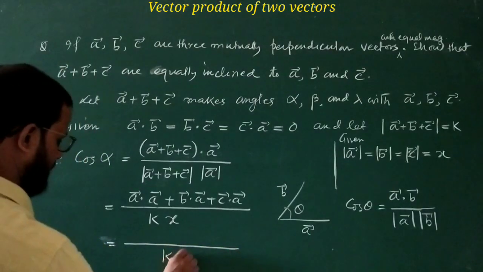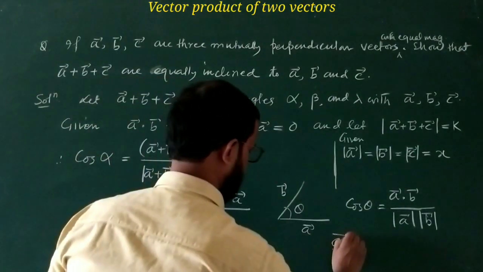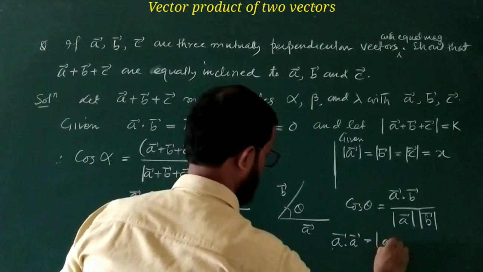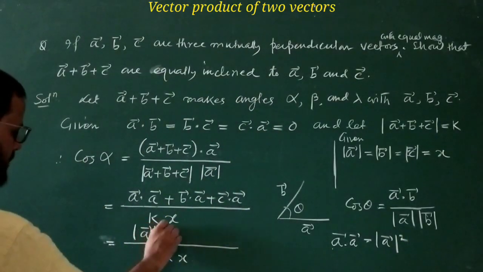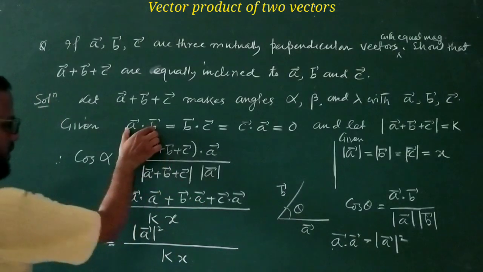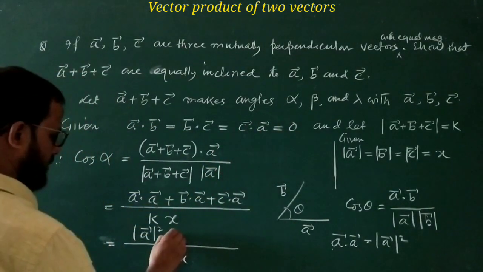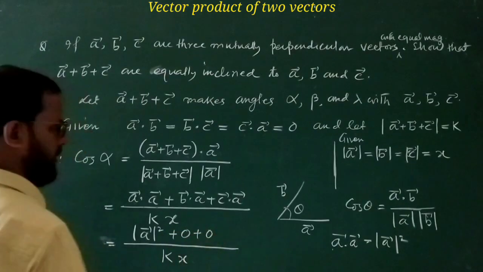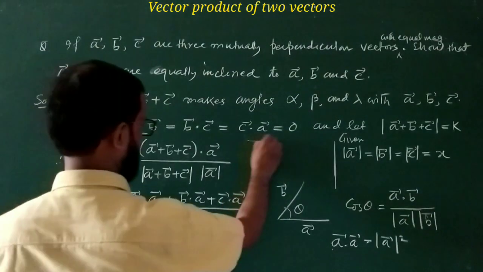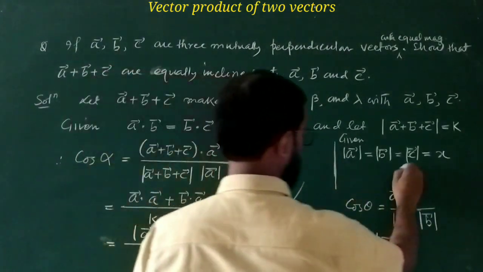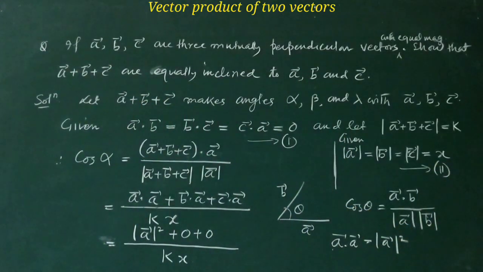And a dot a means, we know, magnitude of a whole square. So you can write magnitude of a whole square, and b dot a means a dot b, which is equal to 0, and c dot a equal to 0. So बाकी दोनों क्या हो जाएगा? 0 हो जाएगा. Okay, 0 plus 0. This using the condition 1. Suppose this is 1, and this is suppose 2. These are the two conditions given in the question.